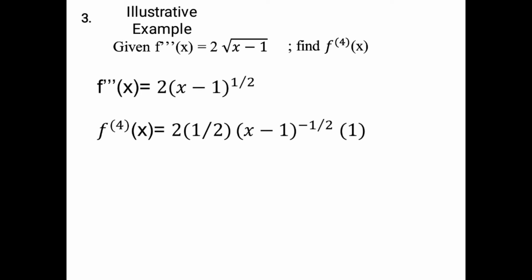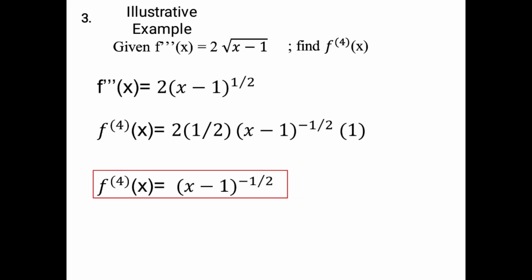Where did negative 1/2 come from? It came from 1/2 minus 1. And then multiply to 1, since the derivative of x minus 1 is 1. And then just perform: 2 times 1/2 is 1, and we have 1 here at the end as well.